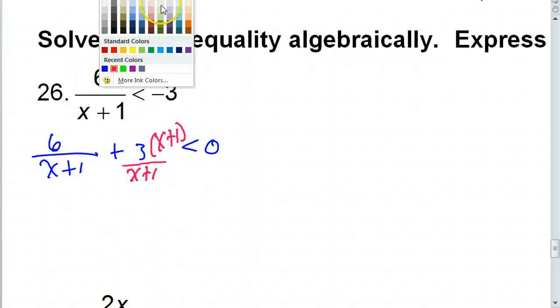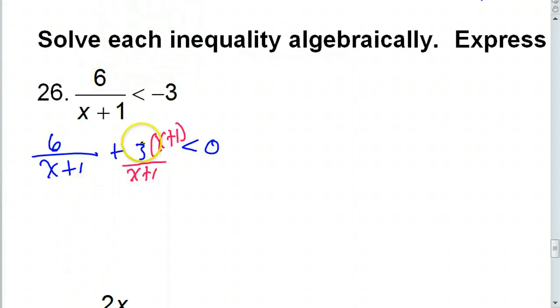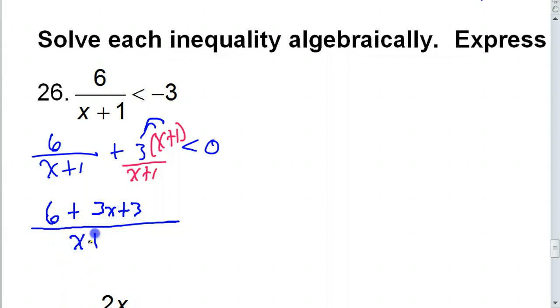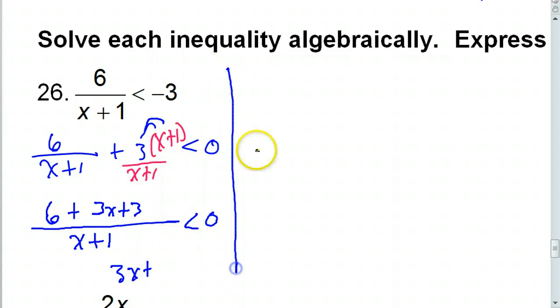So that's going to create the following expression, and I will distribute this. So I'm going to have 6 plus 3x plus 3 over x plus 1 is less than 0. That simplifies down to 3x plus 9, 6 plus 3, over x plus 1 is less than 0.